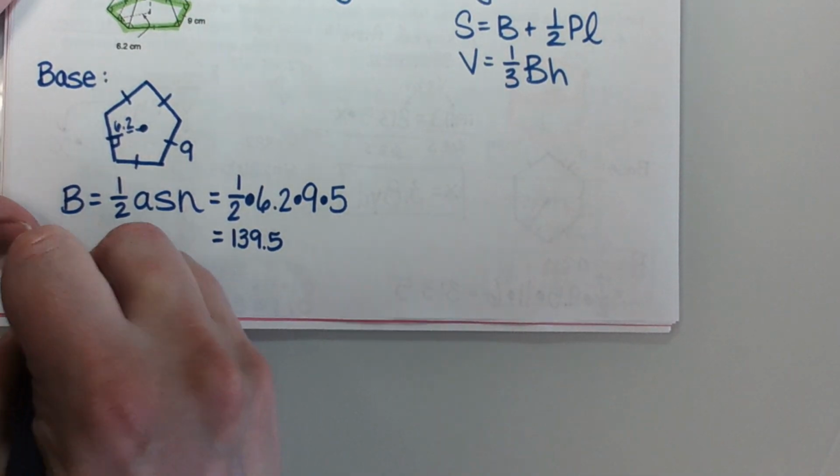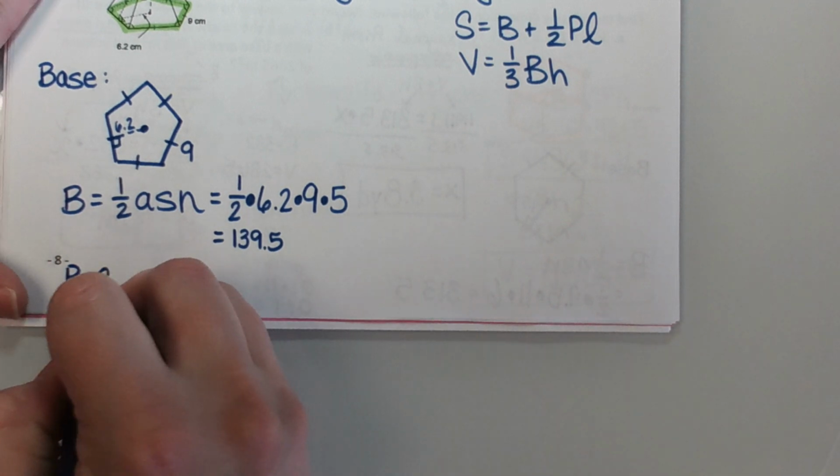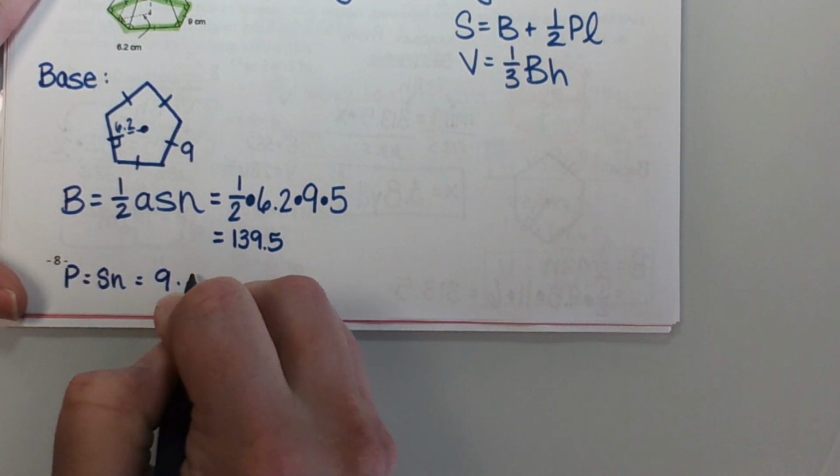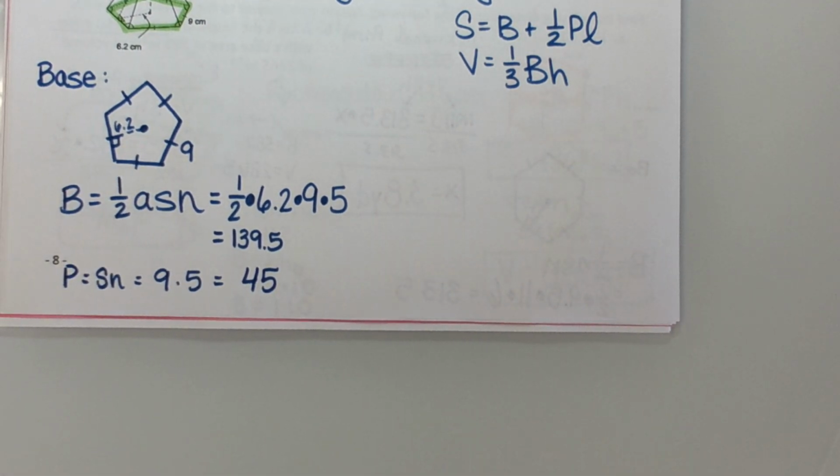Okay, so I need to find the perimeter. How do I find the perimeter? Add up all the sides, or on a regular polygon, they're all going to be the same. 9 times 5. 45. I wait to put my units on because I can.